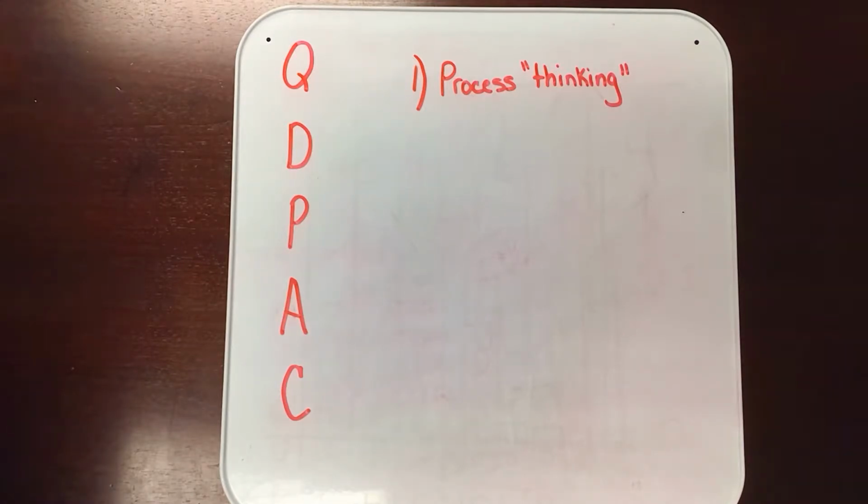So when we think about the thinking process of Qdpac, I want us to think of us as adults. Let's say I go home today and my refrigerator is broken. Okay, that is my problem. That is my question. How do I fix this refrigerator? Then my data is whatever it is.